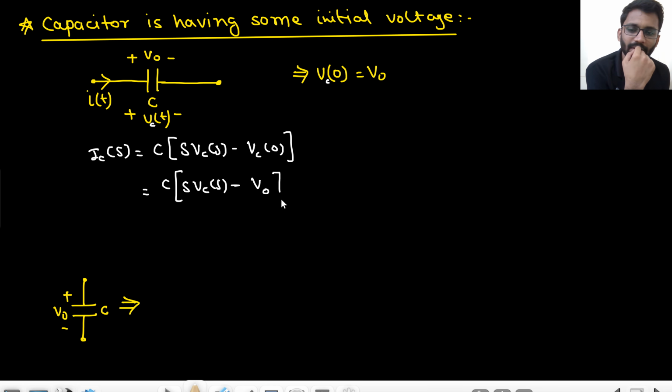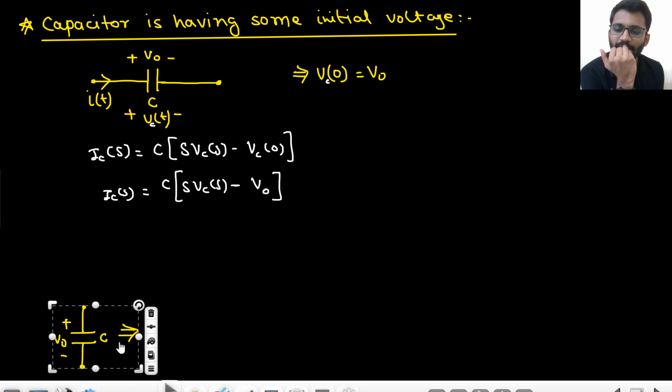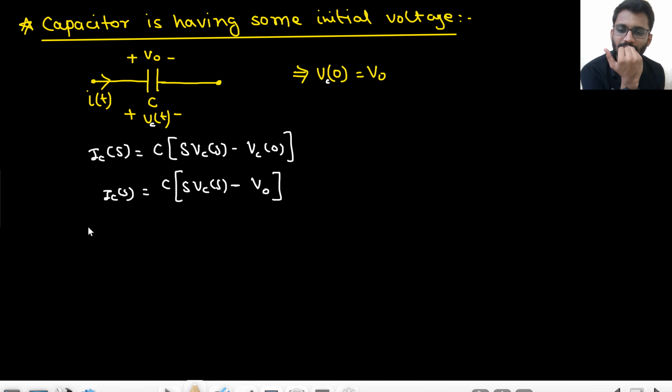It is V naught. So it is having an initial voltage of V naught. So what will be your IC of S? That would be CS VC of S minus CV naught.